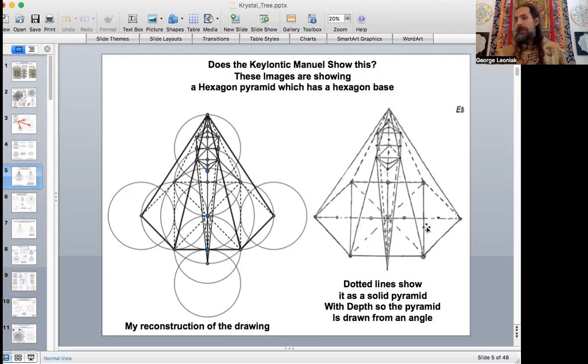Well, picture a little hexagonal pyramid with a hexagon base, tilted away from you at this point. Oh, here, I got this little one here. So here's your hexagon base pyramid. If I tilt it just a little bit, you'll see that we have a hexagon. So if I tilt it just right, and we could see through the form, we would see that this could be a base hexagon slightly tilted.